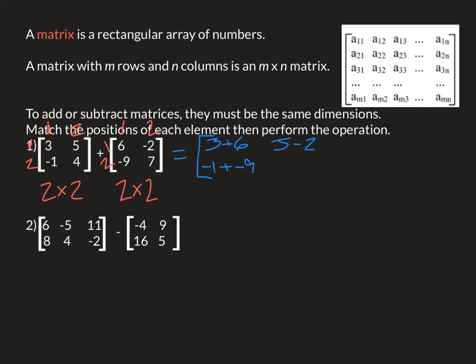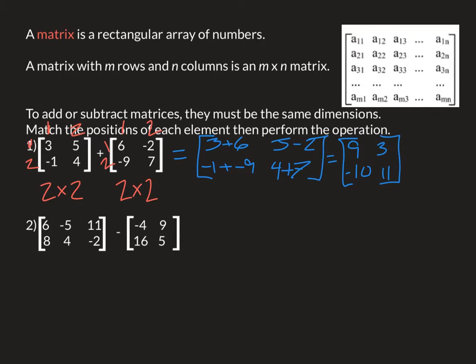And then in the second row, second column are 4 and 7. And these get added together, and 3 plus 6 makes 9, 5 minus 2 makes 3, -1 plus -9 makes -10, 4 plus 7 makes 11. And there is our matrix after addition.